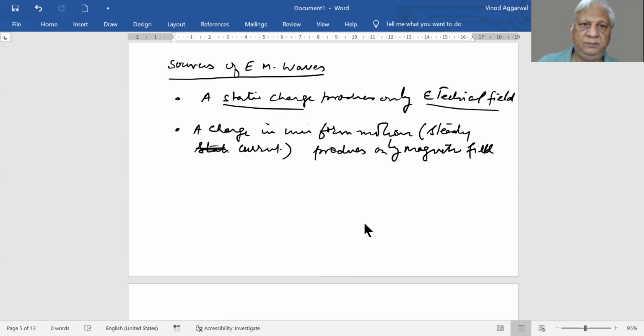What it says is that if you have a static charge not moving, it will have an electric field depending upon distance from the charge, nothing else. Similarly, if a charge is moving, then it produces a magnetic field. This we have seen.